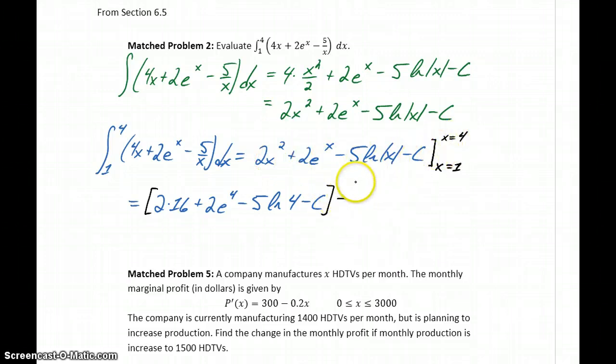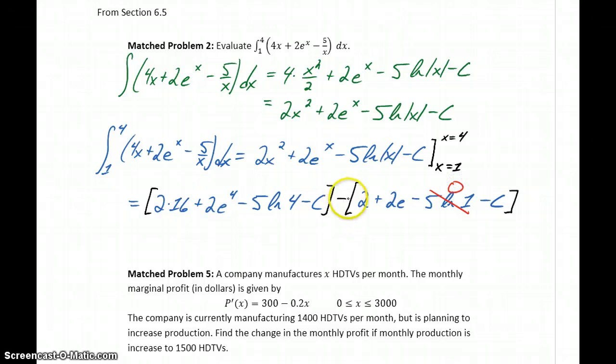And now we'll subtract, evaluating that expression at x equals 1. So that'll be 2 plus 2e minus 5 times the natural log of 1 minus c. The natural log of 1 is just 0, so that's gone.